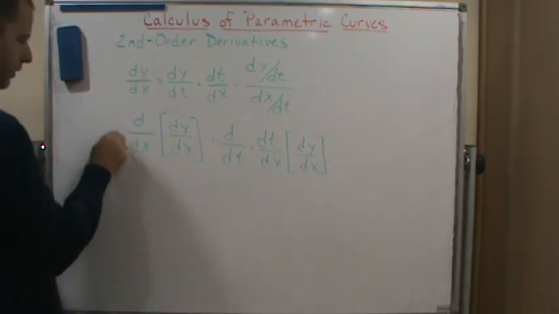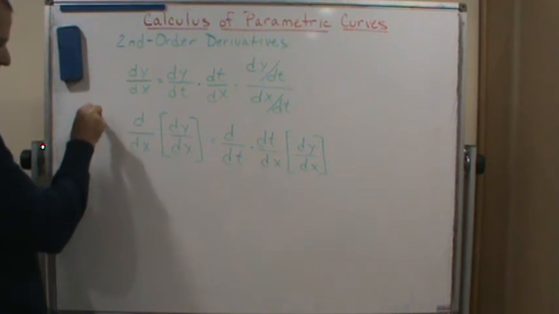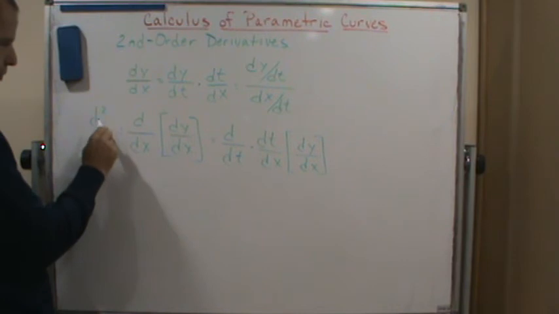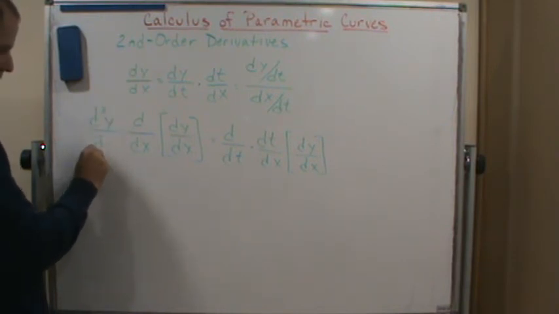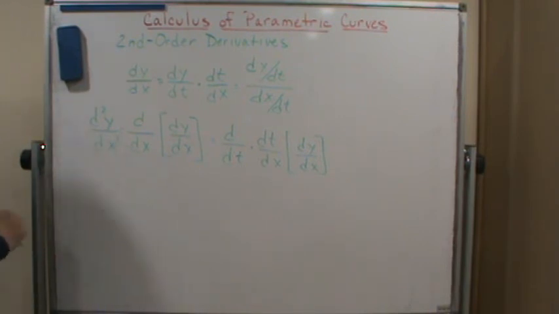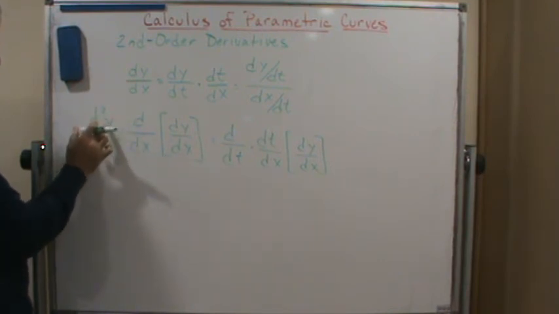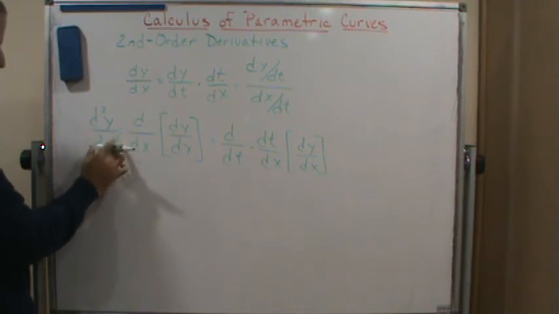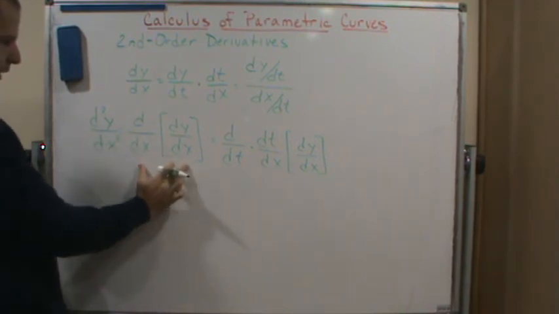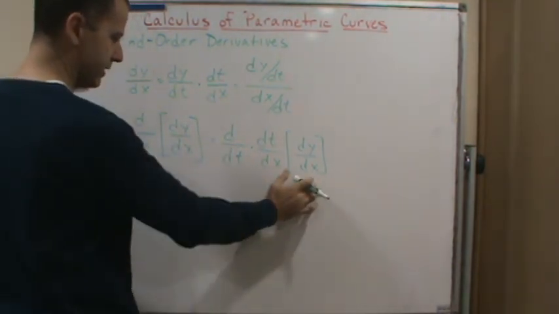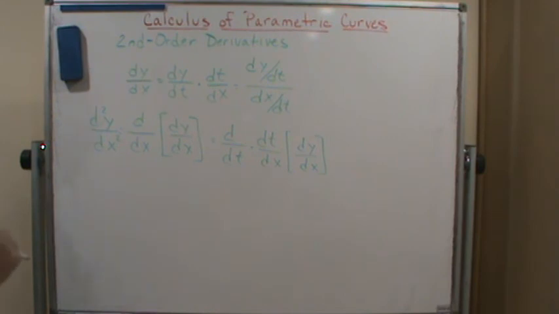So what is this? This is the second derivative. I'm using Leibniz notation here, so it's the second derivative of y with respect to x. This is the Leibniz notation that we use for the second order derivative, d squared y over dx squared. This is equal to this, and now I'm using the chain rule to break this piece like this. Again, same thing. Now watch what happens.